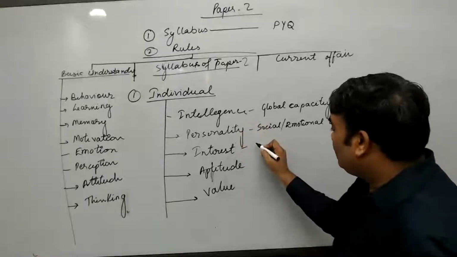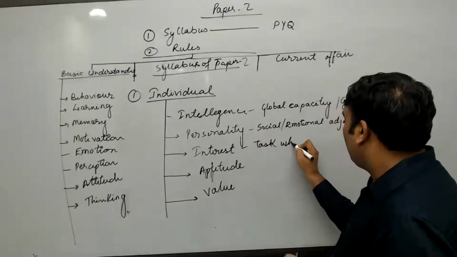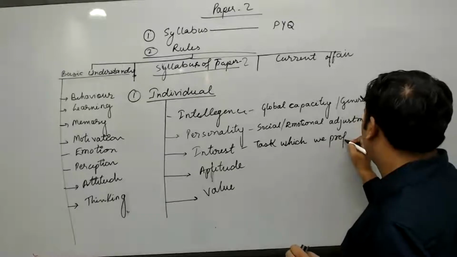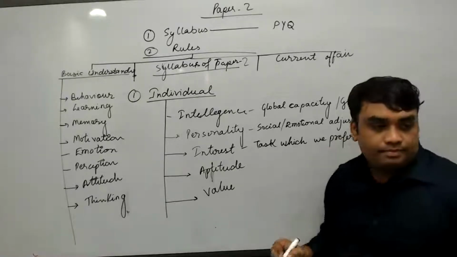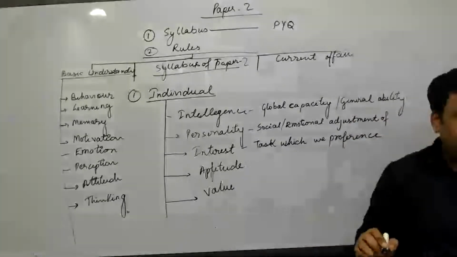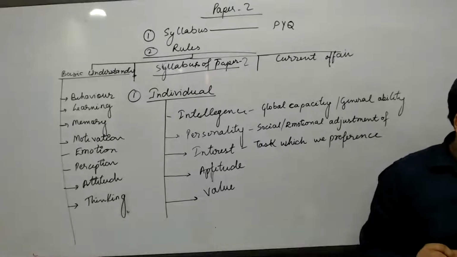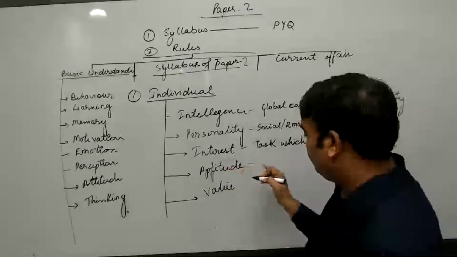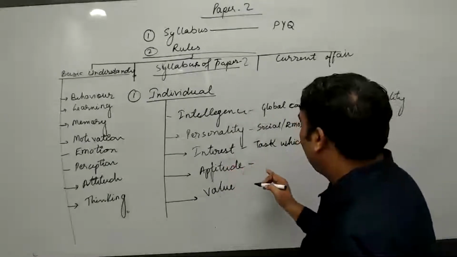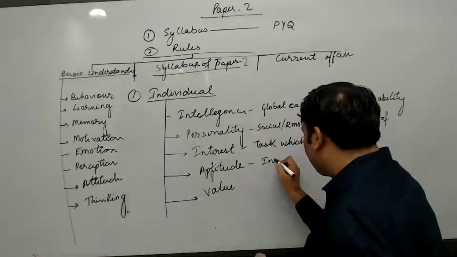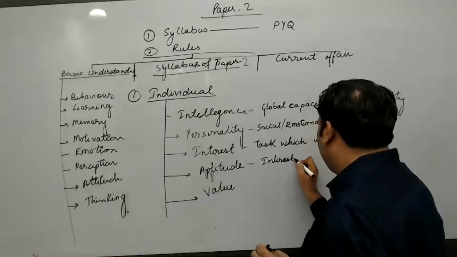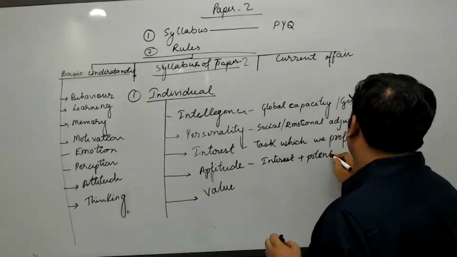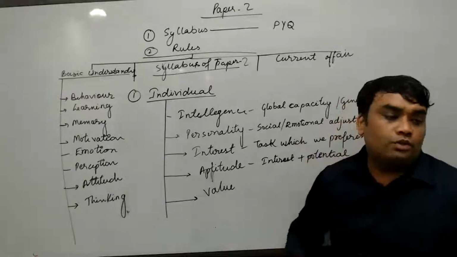Interest means the task which we prefer, that is, what our preferences are. Another word is aptitude. Aptitude means interest plus potential.